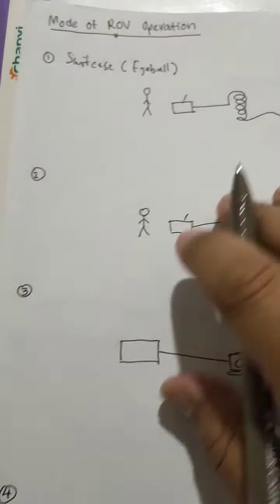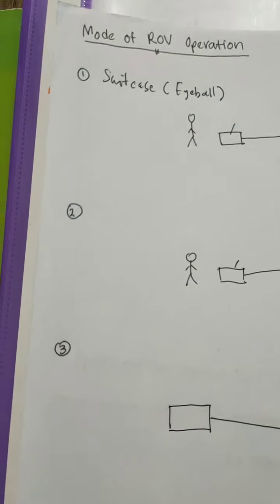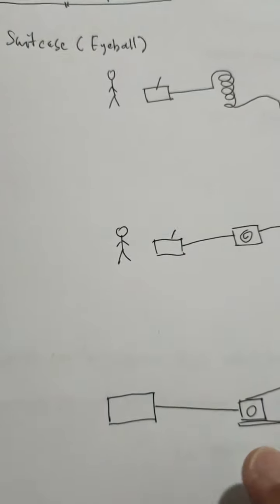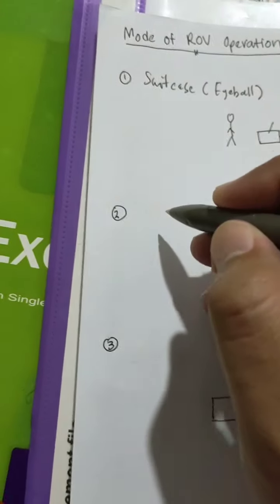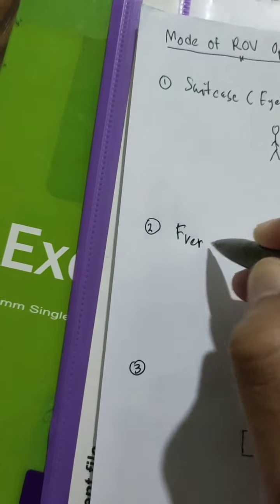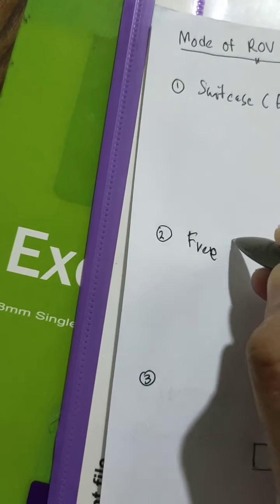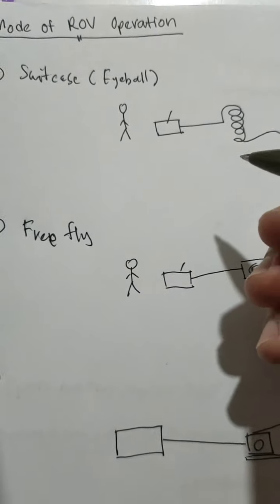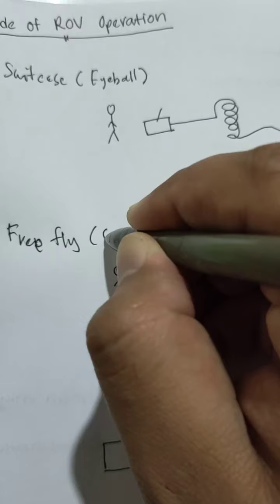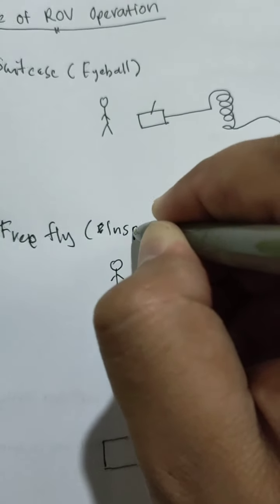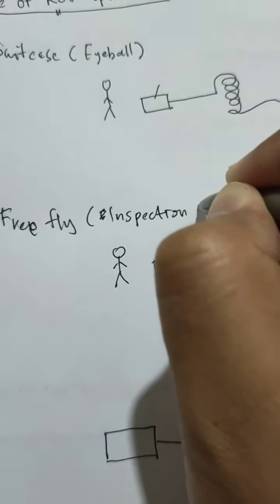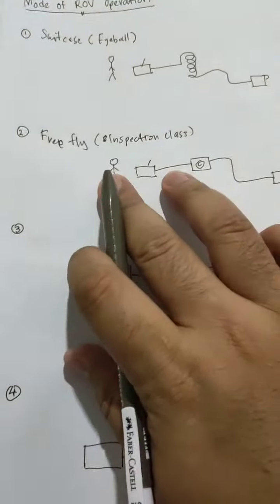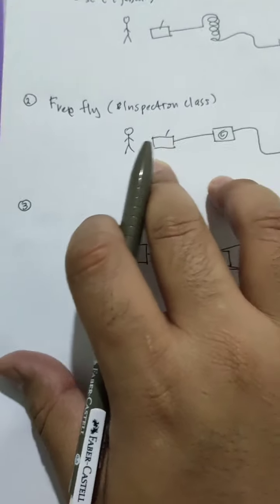Okay, the second one is called free fly. The example of free fly is an inspection class ROV. It has the characteristics of an inspection class.